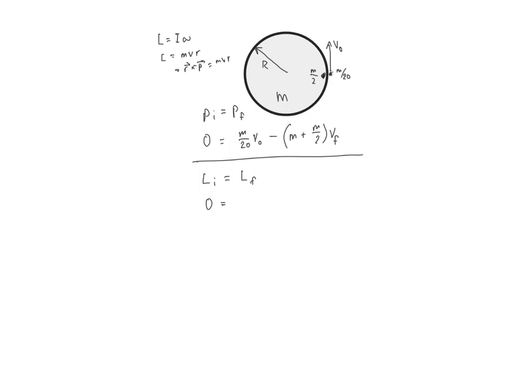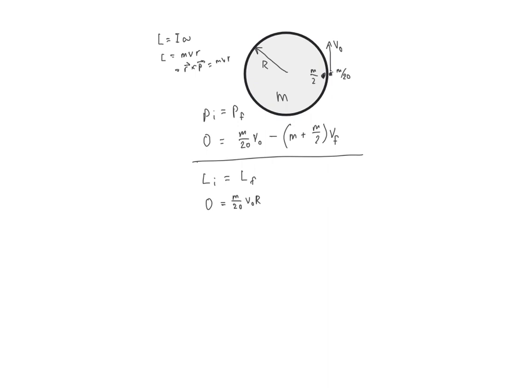So the rock, or the stone, has a mass m over 20. It has a velocity, V0, and the distance from the center point when that rock was first thrown is the capital R. And that whole thing is positive because we said that's moving in the counterclockwise direction.